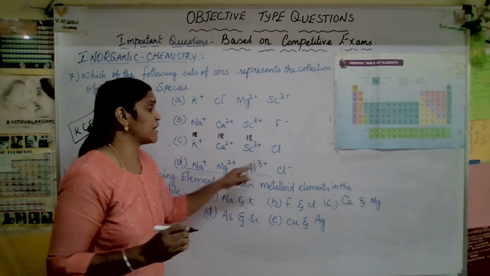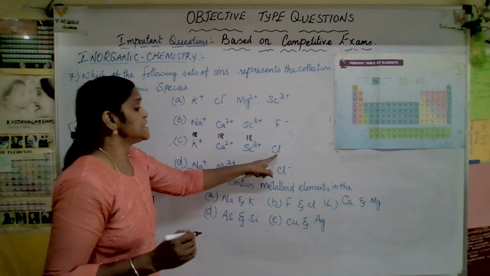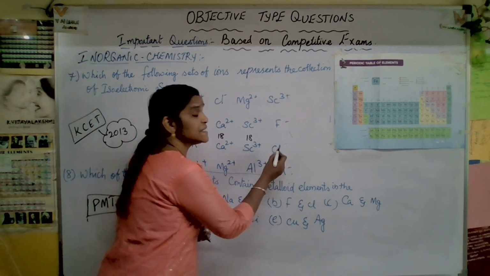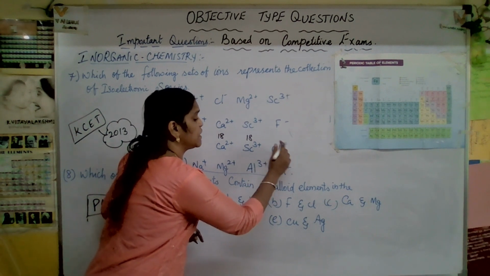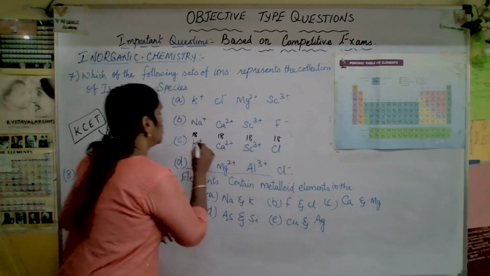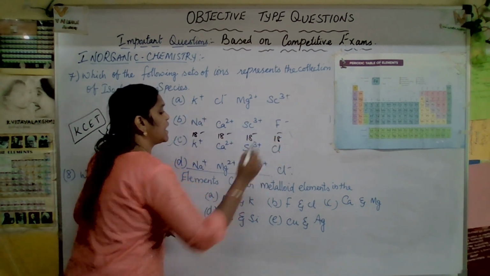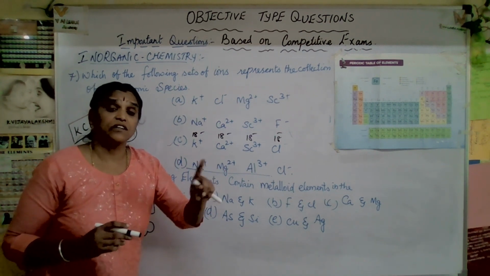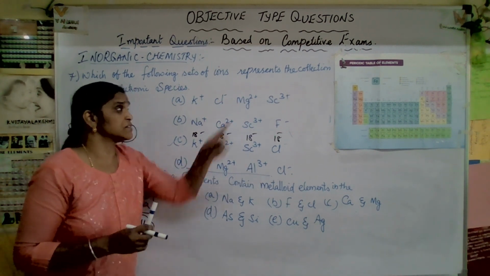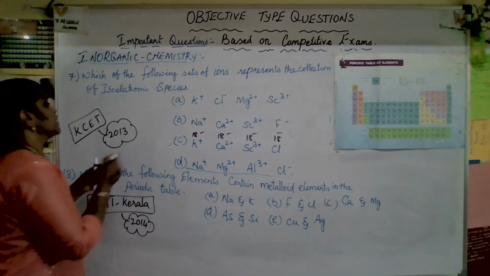And Cl minus, minus means gaining 1 electron, 17 plus 1, 18. So all these have 18 electrons. Atoms or ions having the same number of electrons are called isoelectronic species.